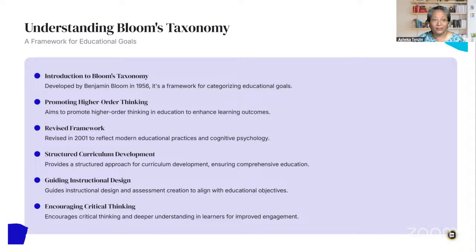So this therefore helps in instructional design and creating assessments, which will align with your learning objectives. Okay, and the taxonomy helps and encourages critical thinking and deeper understanding, so that there is improved engagement in the students.